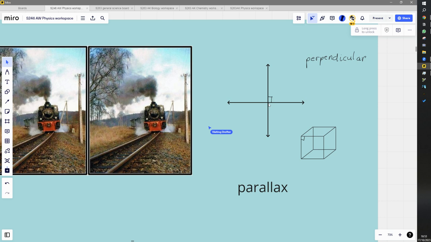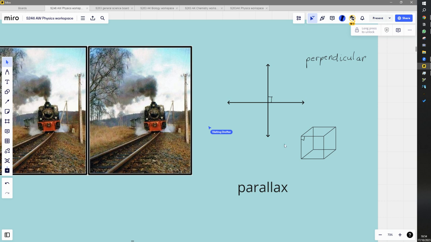I'm not able to do a third line from these two that is perpendicular to both of them, and that's how I know that this thing that I'm working with is not three-dimensional. What I can do is put my finger on the screen, which you won't be able to see, of course, and my finger will be perpendicular to those other two lines. So that's how I know that I'm living in a three-dimensional space.